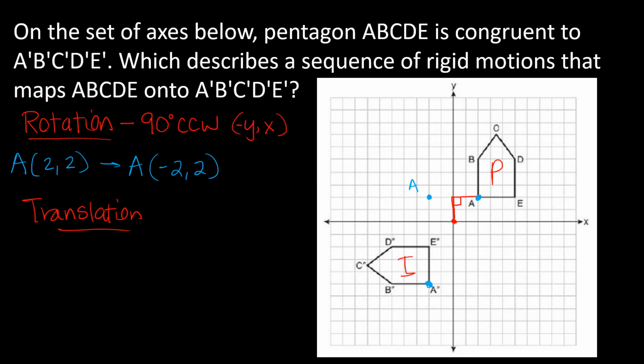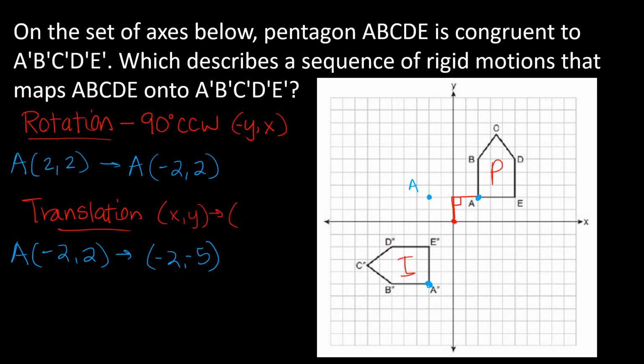The current point that I have here for A is (-2, 2). The point that I'm trying to get to for A prime is (-2, -5). All right? So what rule took place in order for me to move from the original point to the new point?